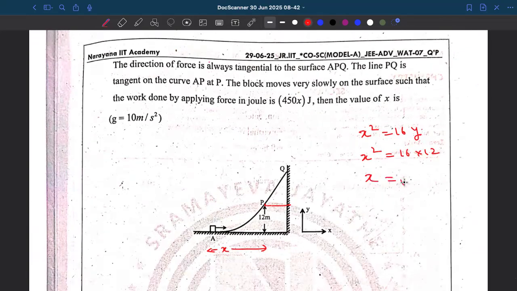X is √(16 into 12), 8√3 వస్తుంది. మరి నాకు ఇది ఎలా తెలుస్తుంది?